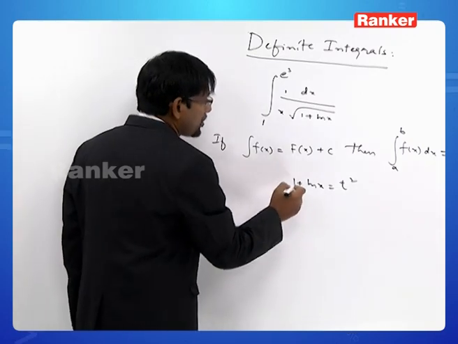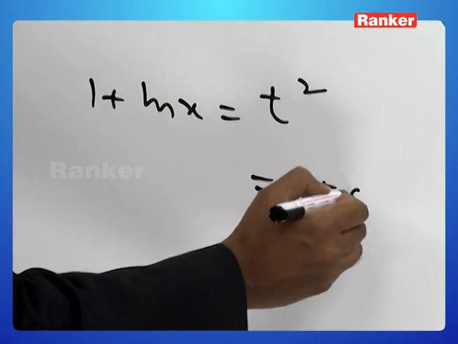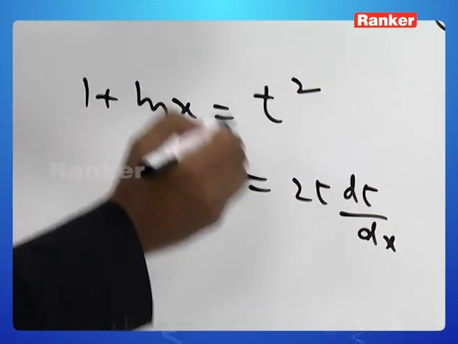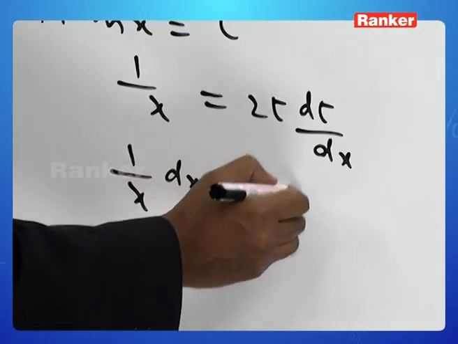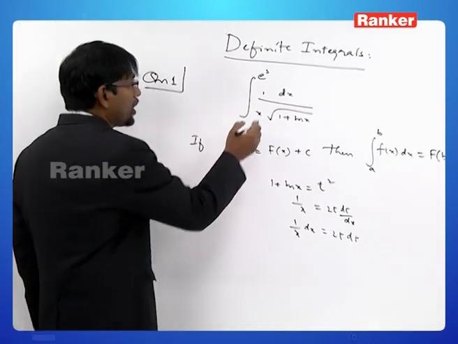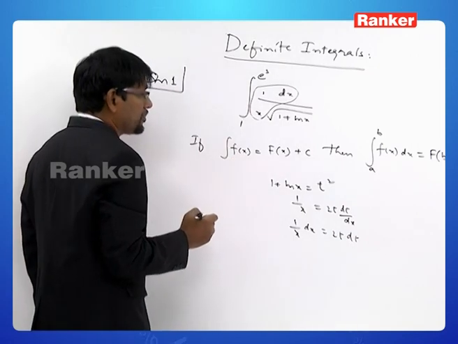Then, differentiating, we get 2t dt by dx is equal to 1 by x. It implies 1 by x into dx is equal to 2t dt.